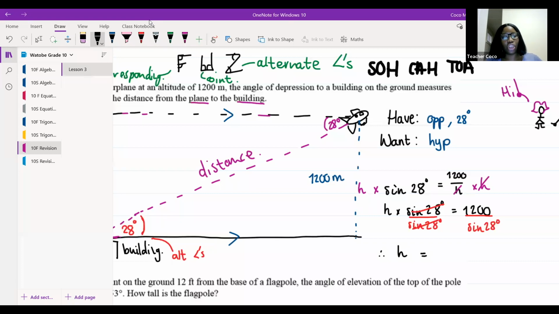Excellent. Jonathan agrees with us as well. So do the others. All right, excellent. My calculator says the same thing. Our height is going to be 2,556.06 meters, because we're calculating in meters.